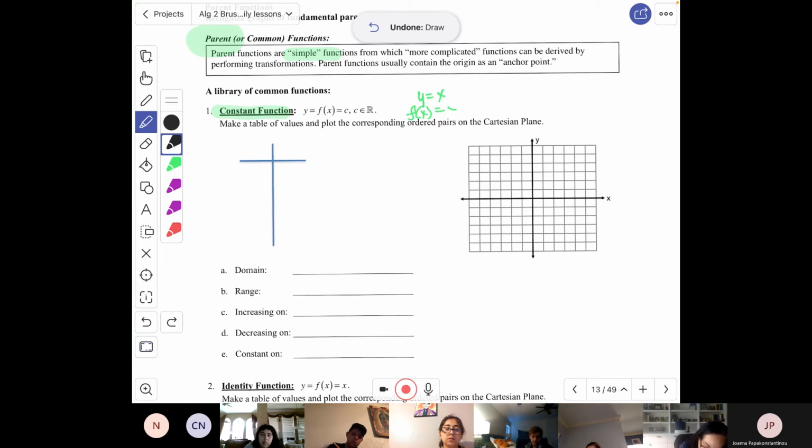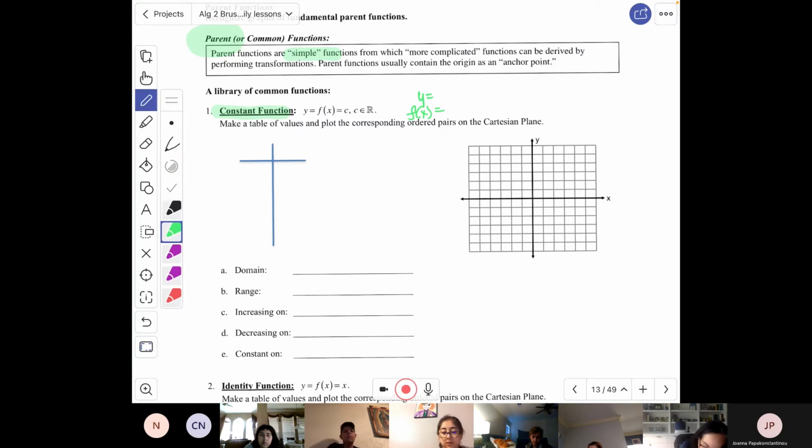It's just a number. So if I'm looking at y equals some constant, some number c, or f of x equals some constant c, this notation here is just telling you that c is an element of the reals.